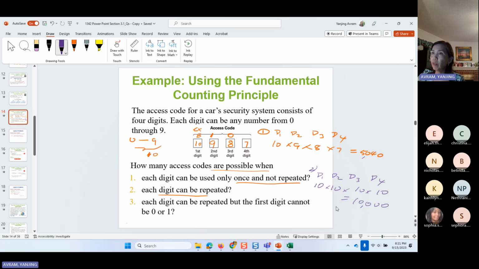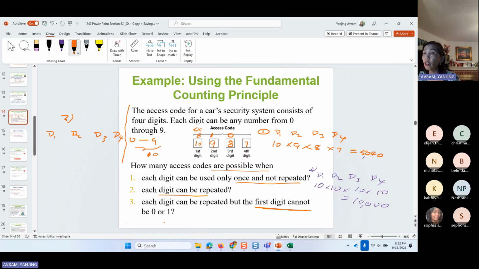Okay, let's look at number 3. Let's see how we do number 3 in here. Number 3 has a little bit of limitation. Each digit can be repeated, but the fourth digit cannot be 0 or 1. All right, so now how do we do number 3? The fourth digit cannot be 0 or 1.